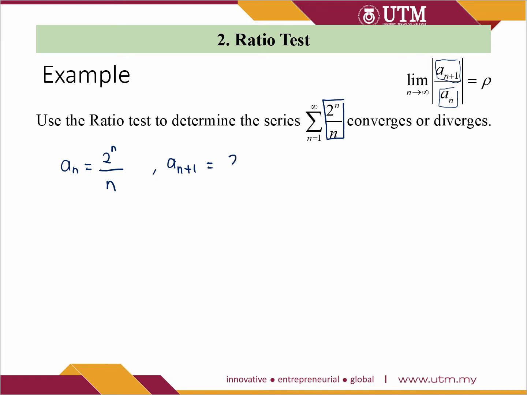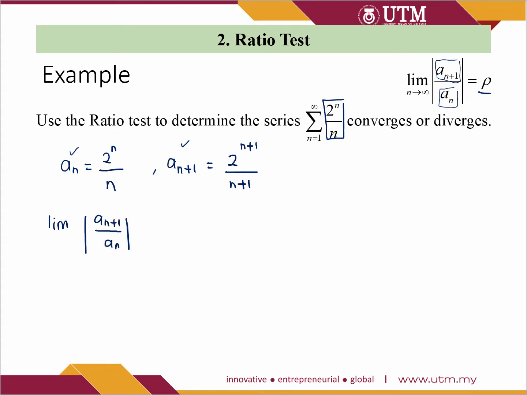So here it will be 2 to the power of n plus 1 over n plus 1. Now we have determined what is a_n and a_(n+1), so we can find our rho, where we just have to substitute all this into the formula.